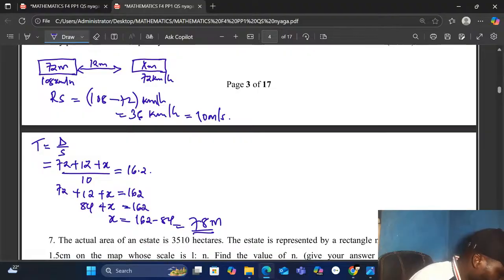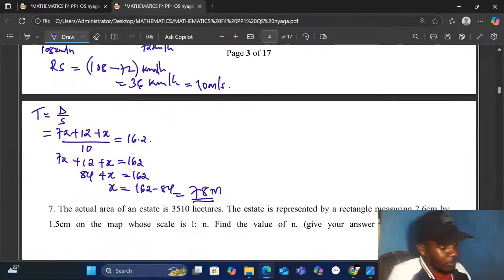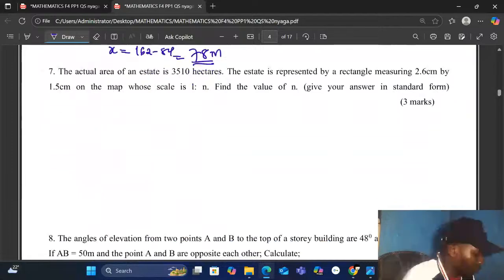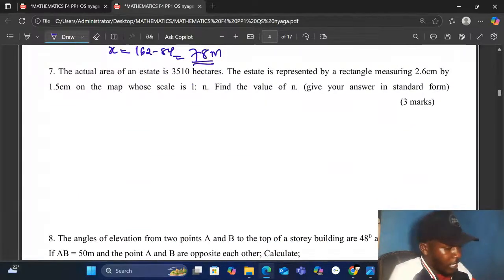Now, we move to the next one, number 7. The actual area of an estate is 3,510 hectares.